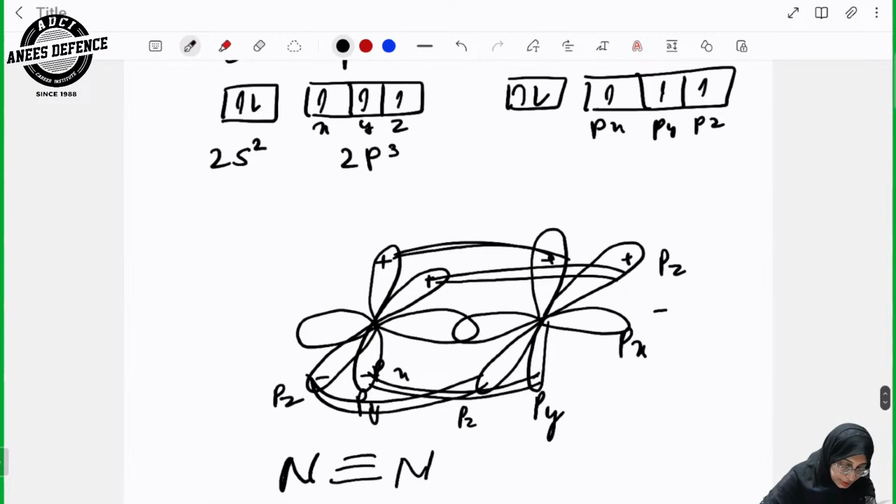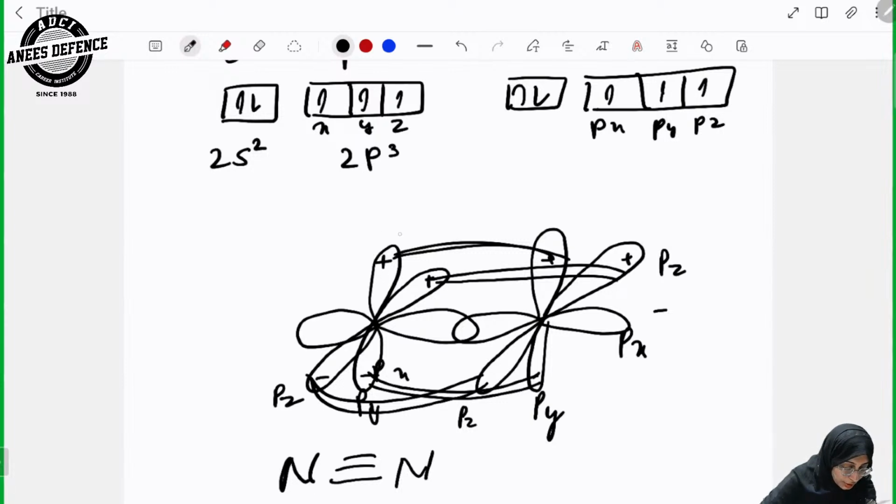The p orbitals are oriented along the x, y and z axes. The px of one atom overlaps with the px of the other atom and forms a sigma bond.